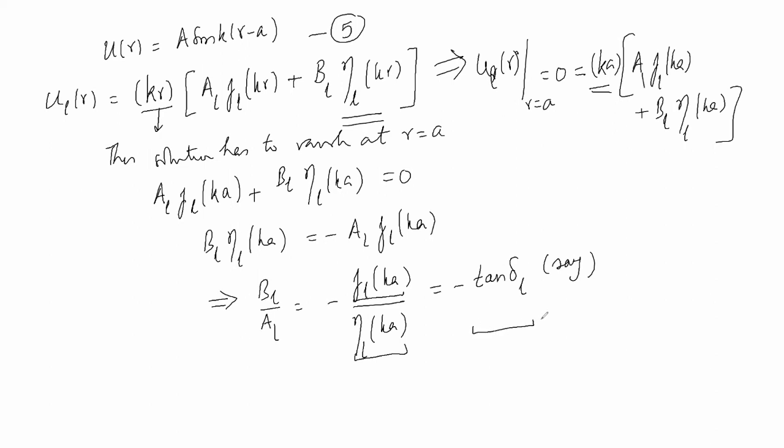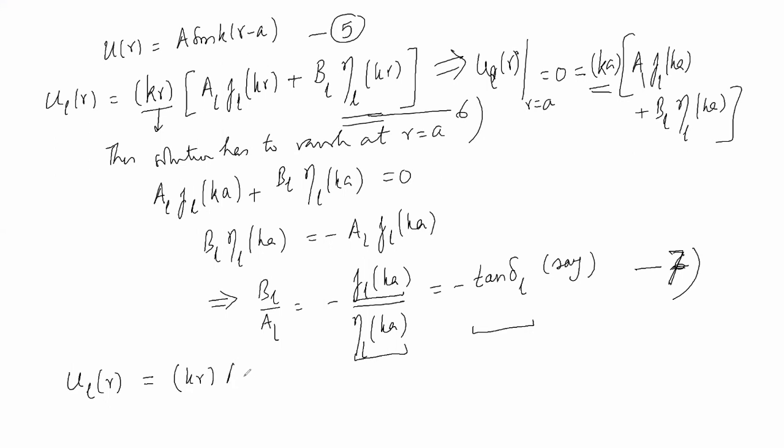That is why I am writing this as tan delta. Okay. Let us call this equation number 6. Therefore, we have to keep in mind that equation number 5 and equation number 6 are important equations, and let us call this equation number 6 and this equation number 7, because I am going to put this value of, I will take A_l outside in equation number 6.